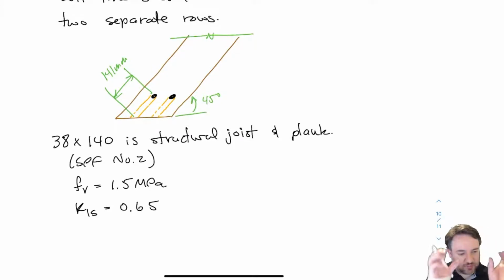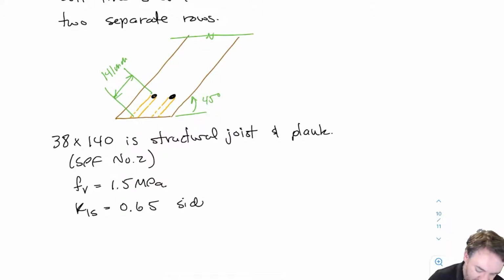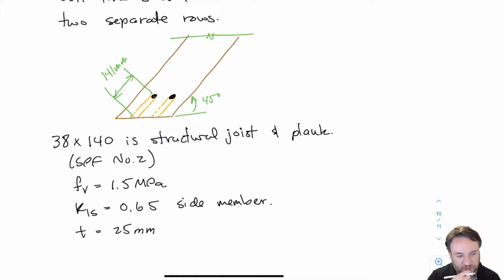In the side members, the stress distribution at the edge of the hole where the bolt is loading it is not uniform, and we compensate for that non-uniformity by reducing the strength, because this is a side member. The T is going to be 25 millimeters. We'll recall this is less than the full width, which was 38, but we have to reduce it because of the countersink, if you remember.